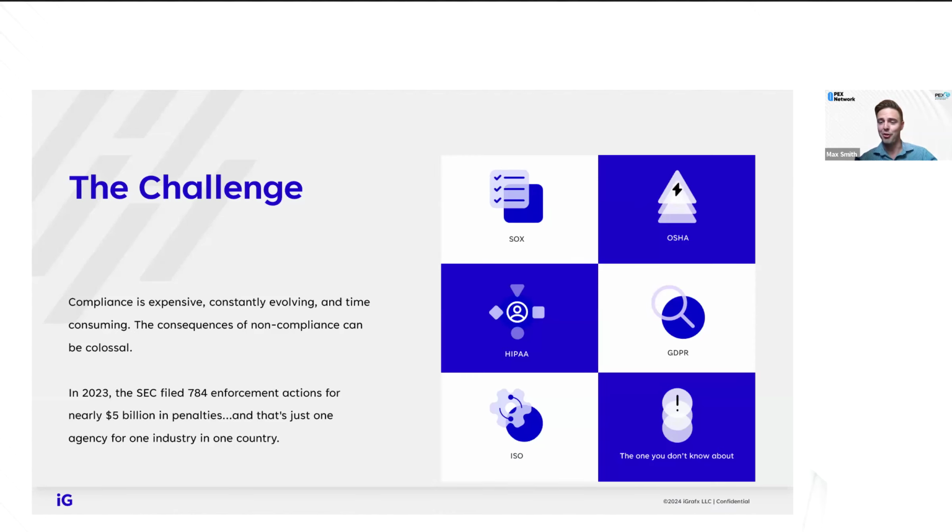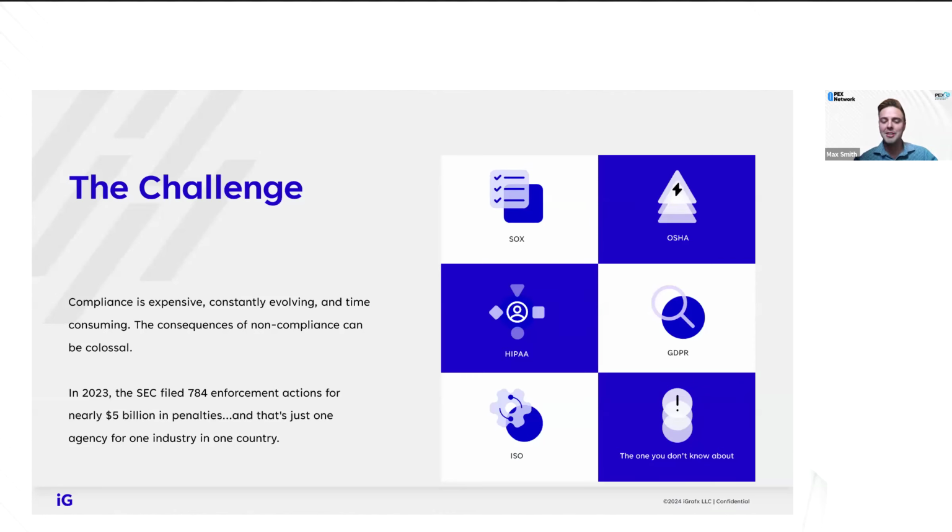The ones that are currently being drafted but aren't in effect, and then the ones you don't even know about yet, right? So it's this constantly evolving spectrum of regulation that's expensive. It consumes your time. It keeps you, as I'm assuming, risk and compliance professionals on the webinar, up at night, right?